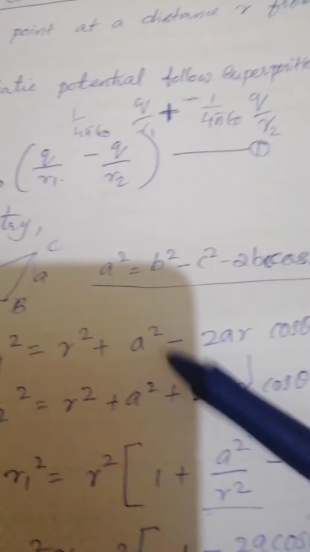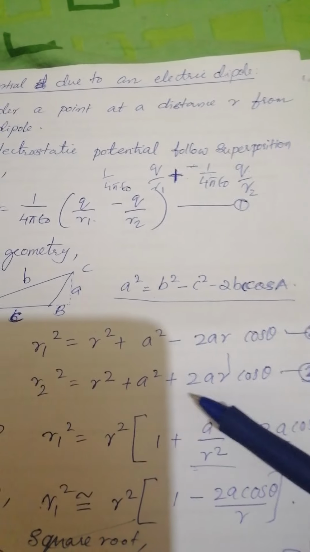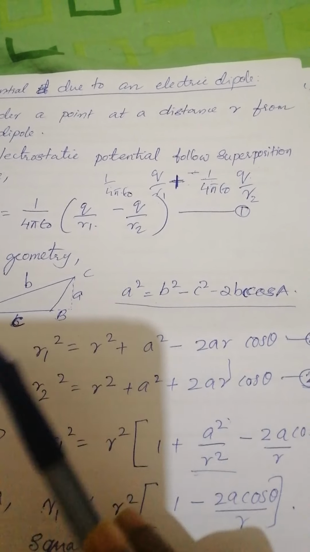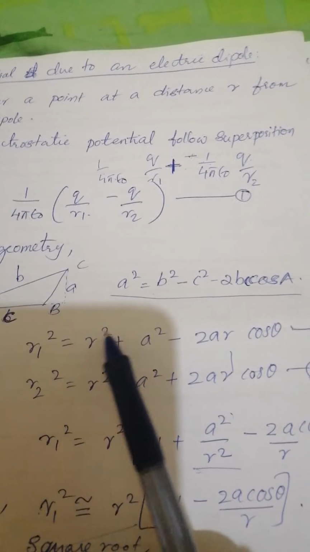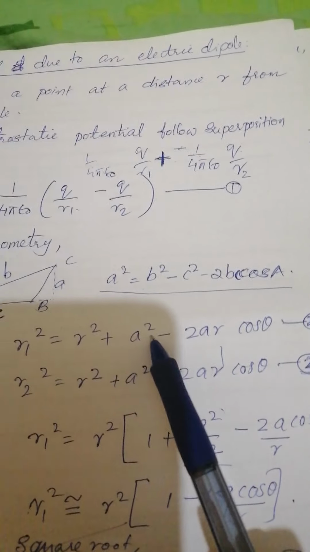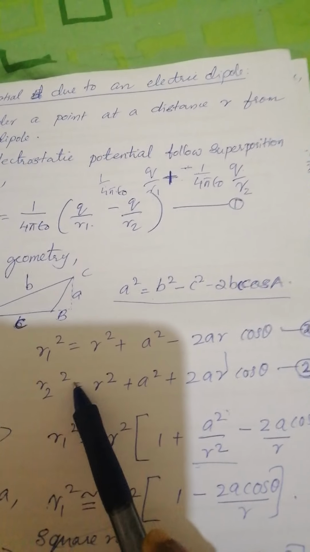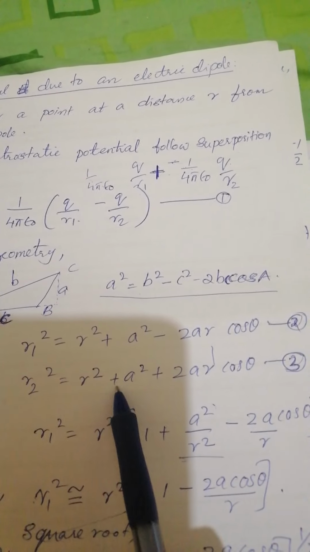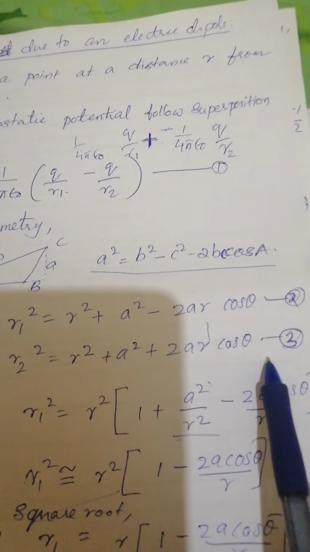So these are the two equations we can derive using that triangle. First one is r1 square is equal to r square plus a square minus 2ar cos theta, and second one is r2 square is equal to r square plus a square plus 2ar cos theta.